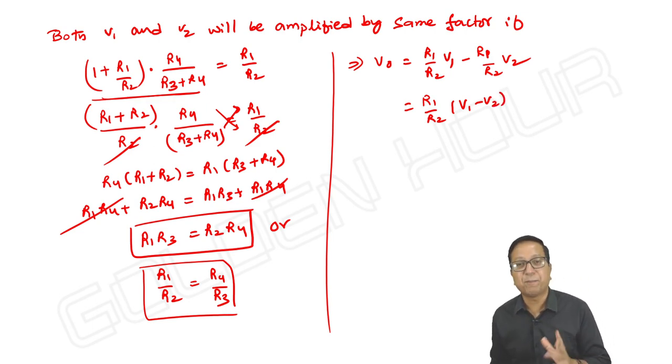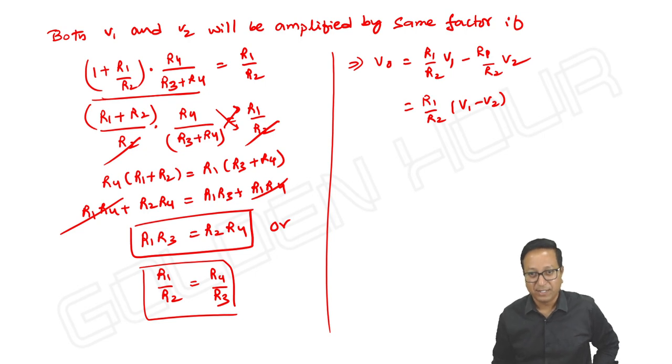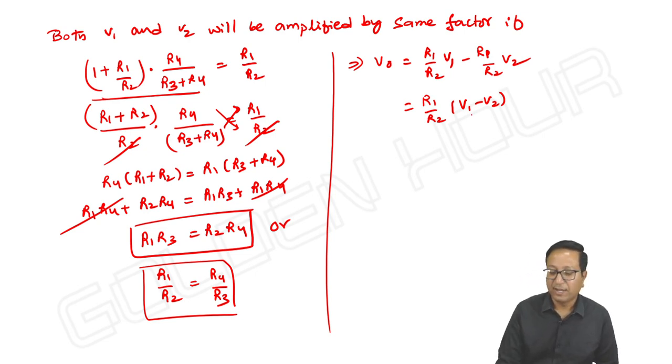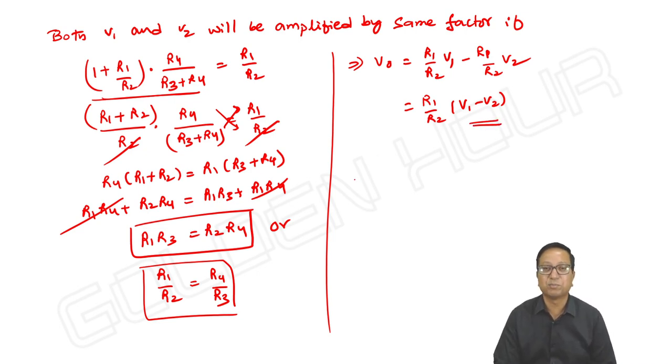V1 and V2 are amplified by the same factor. Now the output is R1 by R2 into V1 minus V2. So the difference of V1 and V2 is amplified by a factor R1 by R2.